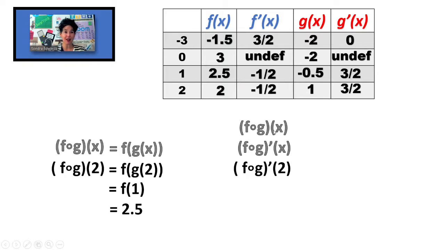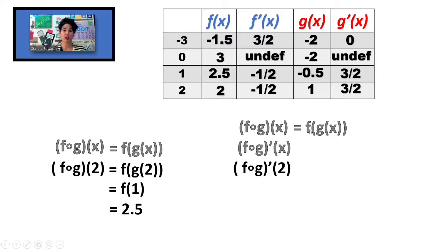I do not like the way that's written. So that really means f of g of x. So if I take the derivative of f comp g of x and I get f comp g prime of x, taking the derivative over here on the left is the same as taking the derivative on the right.